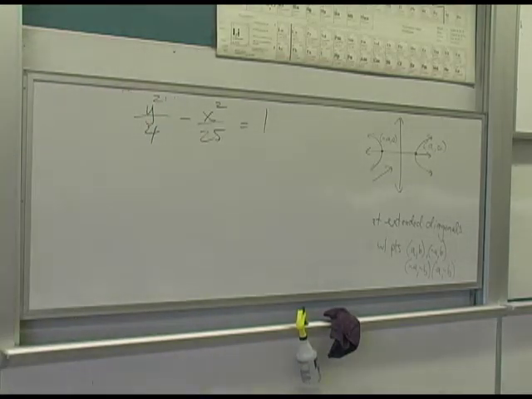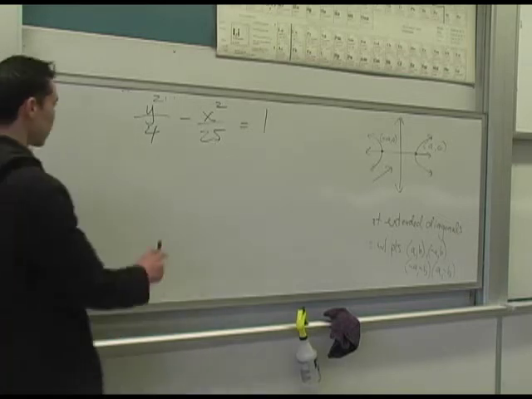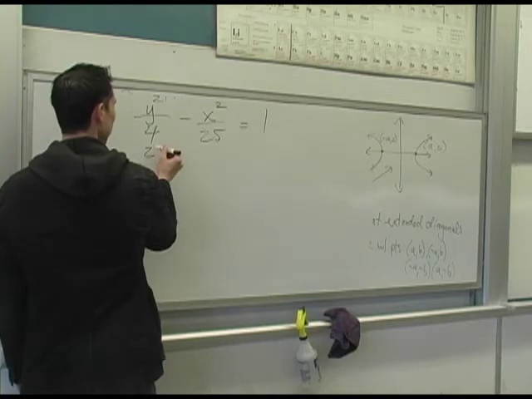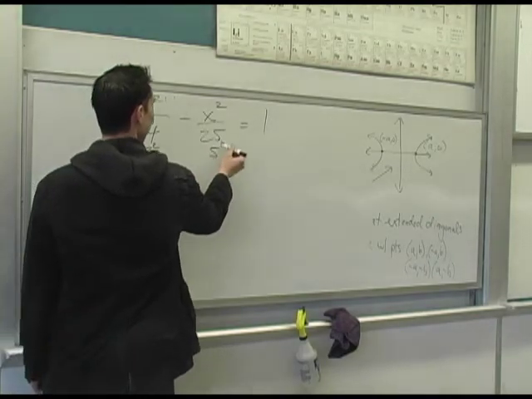The first thing I would like you to do is put it perfectly in standard form, and then tell me which one of the hyperbolas it is and how the graph looks. So instead of 4, I'm going to write 2 squared. Instead of 25, I'm going to write 5 squared.